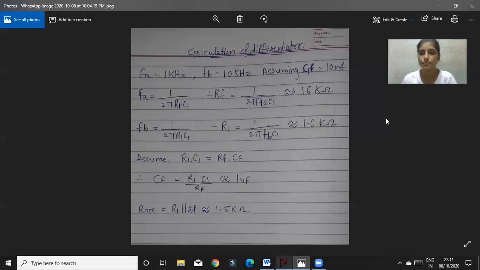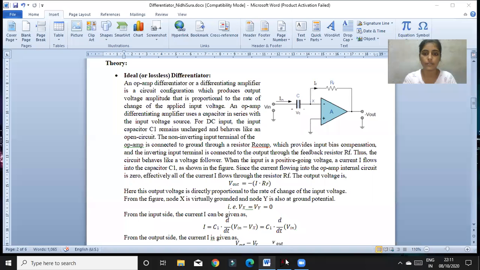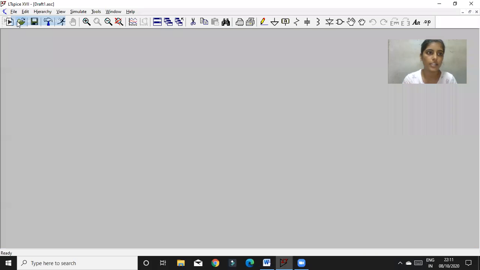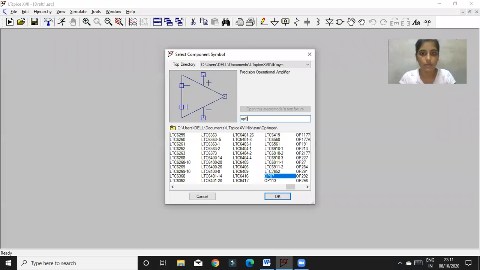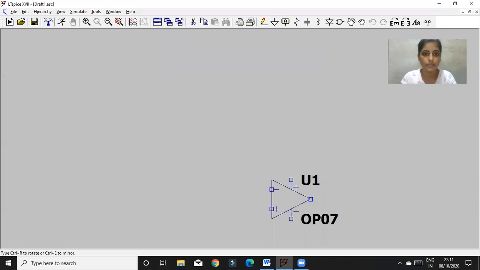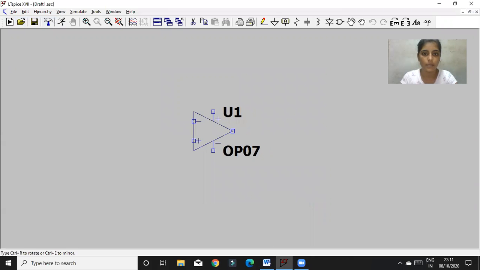So let's perform the differentiator in LTspice. First of all, I select the OP07 op-amp and place it over here.